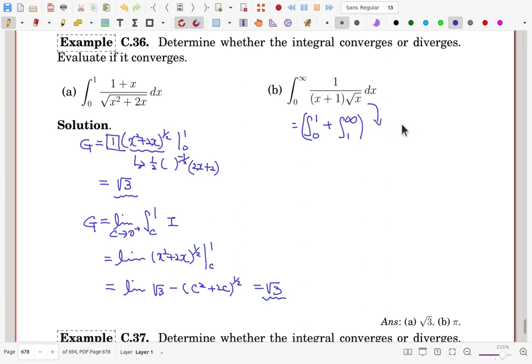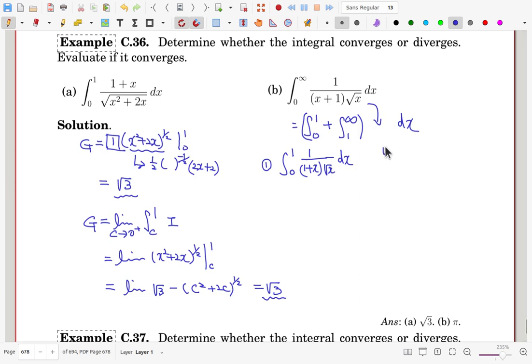So the integrand is here, and dx, right? Let's begin with the integral from 0 to 1 of 1 over (1 plus x) times the square root of x, dx. For this one, you have to use substitution.